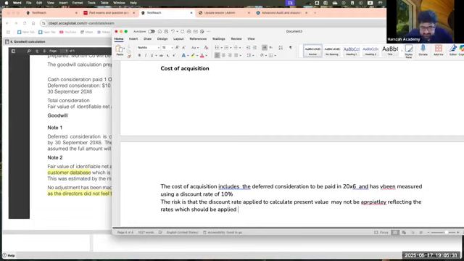Which means that the present value of liability, the liabilities may be misstated. Liabilities or deferred consideration. Now I wrote "misstated" the first time. Why? Because both possibilities are there.